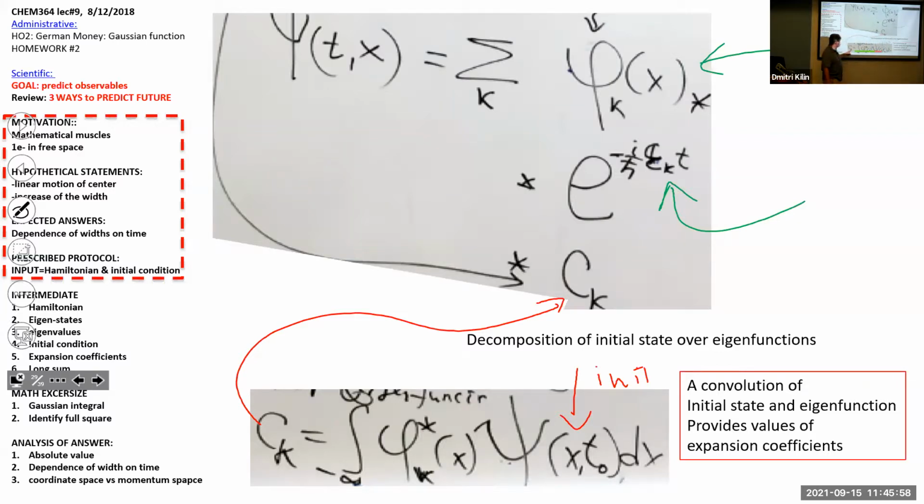And to find the C sub k, we will just practice this convolution of the bell shape at initial time and all plane waves with different density of fringes. And the practical mathematical expression of the thing is related to Fourier transform. Right now, we do not have time, and I do not have the wish to do anything else. I think it just sets a plan for our next 2 lectures.